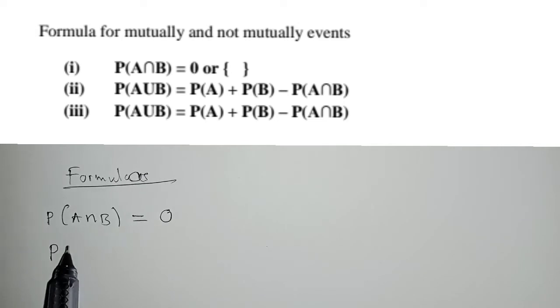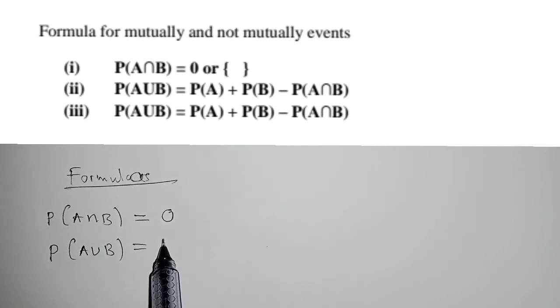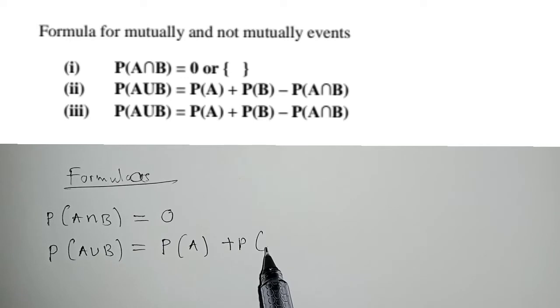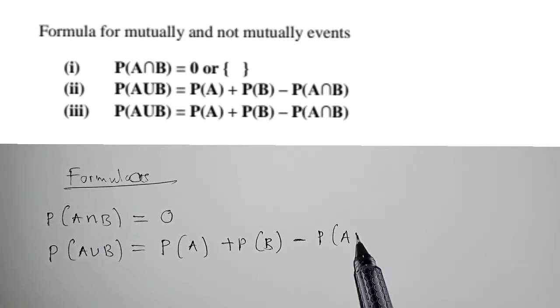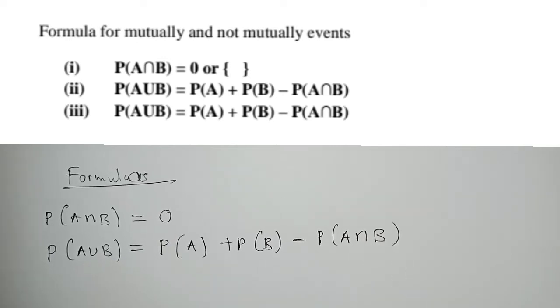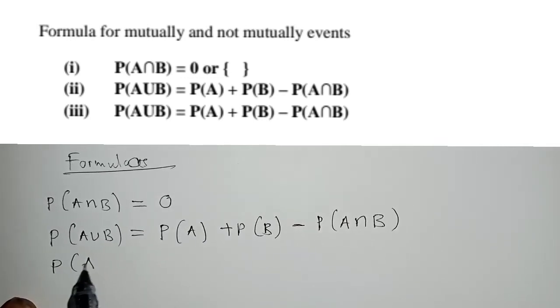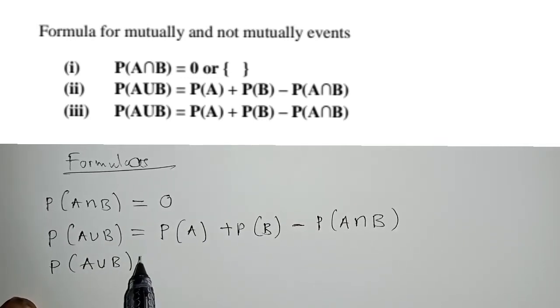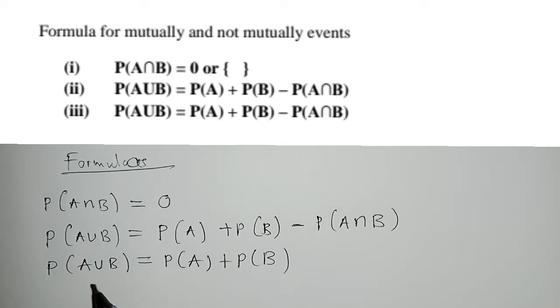The next one will be probability of A union B is equal to probability of A plus probability of B minus probability of A intersect B. The other one will just be probability of A union B is equal to probability of A plus probability of B. That's all. So these 3 formulas are the formulas that you need to know.